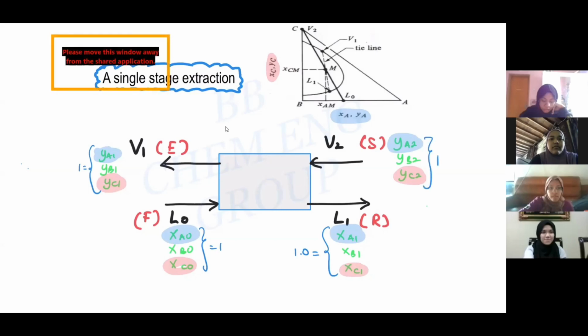In the LLE, we are dealing with weight fraction, not mole fraction. Once you know the weight fraction of the components that you have, you should be able to include that in your schematic diagram.